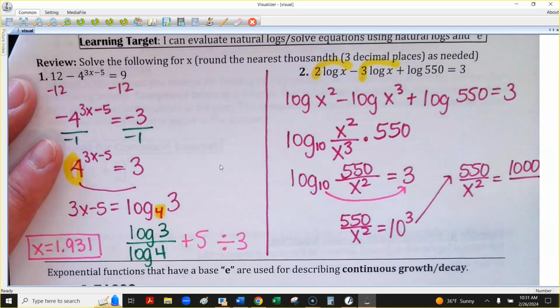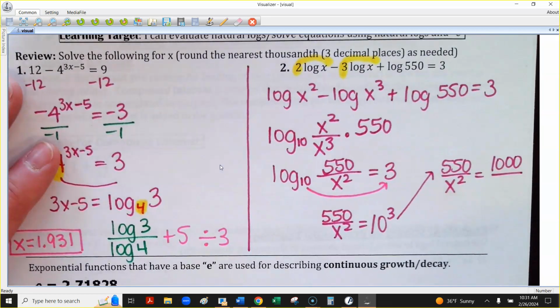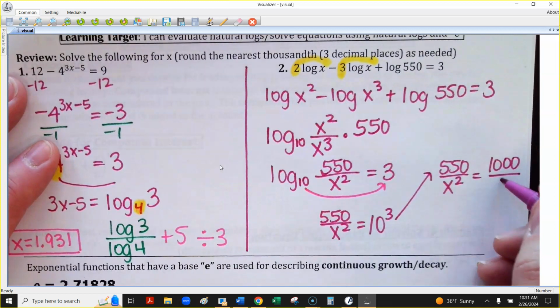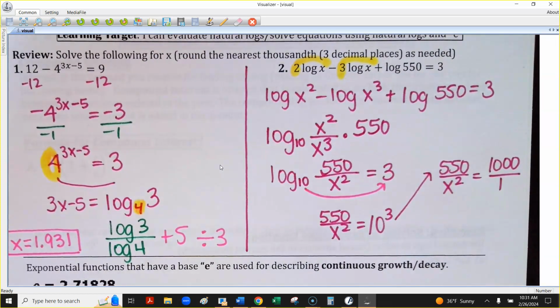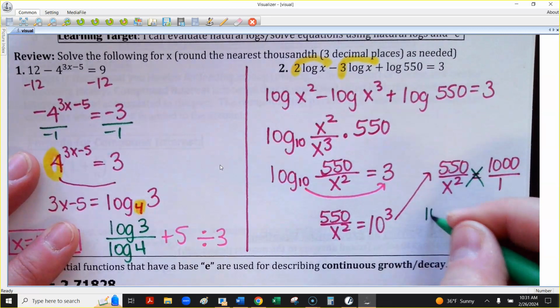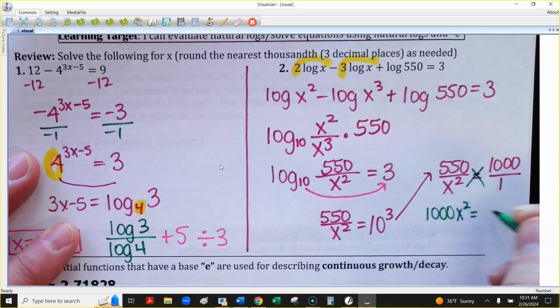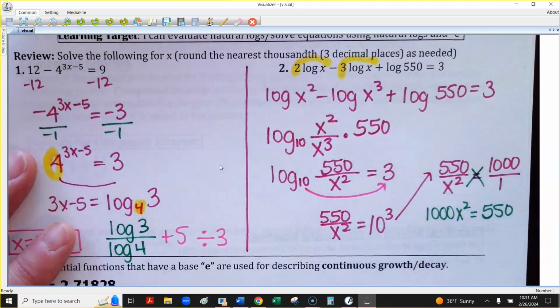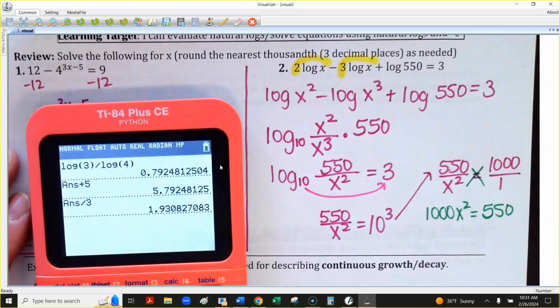And probably the easiest way I could tell you to do that problem would be to turn it into a proportion real quick. So I'm just going to write that 1,000 over 1 because my variable ended up being in the denominator there. Then I can just cross multiply. So I'd have 1,000 x squared equals 550. And then I'm going to do 550 divided by 1,000, which is 0.55.